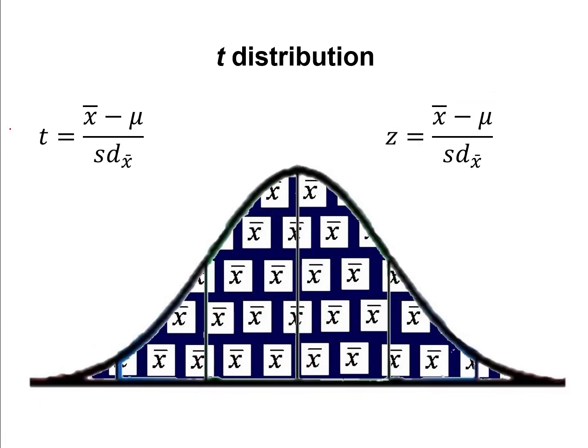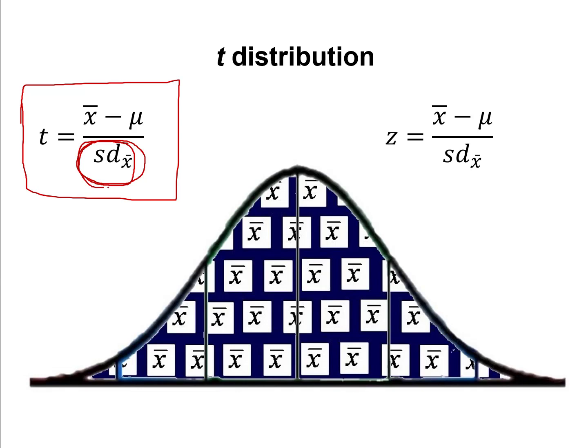So what I've been saying with the t-score, though, is that if I use this standardization formula and I don't have the real standard error of my statistic, and so I estimate it based on my sample size, if I do that, let's make that transformation. And this time, instead of a z, I'm going to call that t. I call it t because I don't have the real standard error of my statistic.